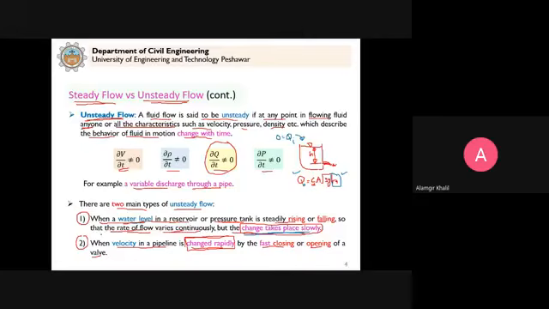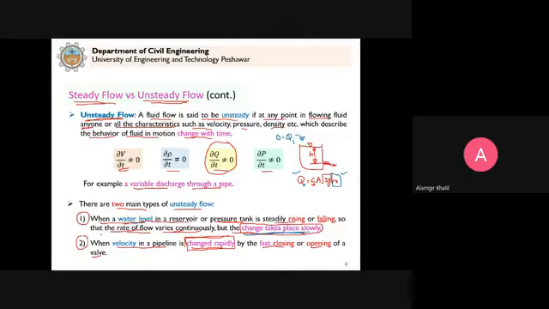Remember, clear? Unsteady flow also includes such topics as oscillations in connected reservoirs and in U-tubes, and such phenomena as tidal motion and flood waves in open channels. These are also unsteady flow problems, but we will not discuss them as per our textbook in this course.